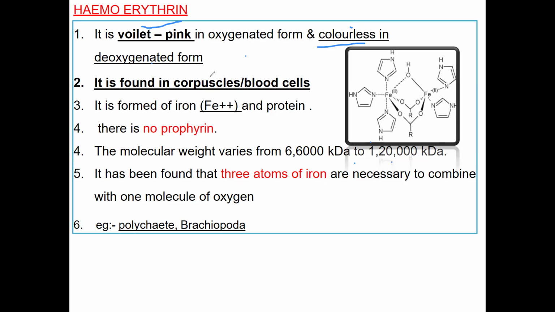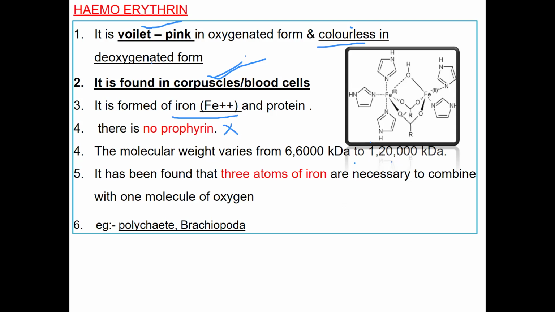It is found in blood cells. You cannot call them RBCs because the color of the blood is white, violet pink, or colorless. Here it contains the metallic ion iron. There is no porphyrin.